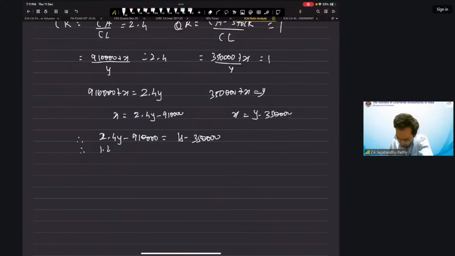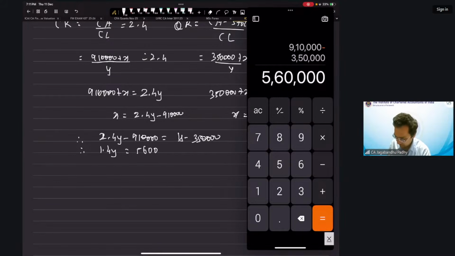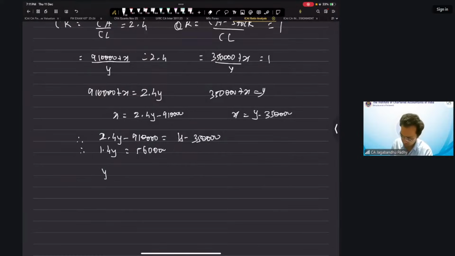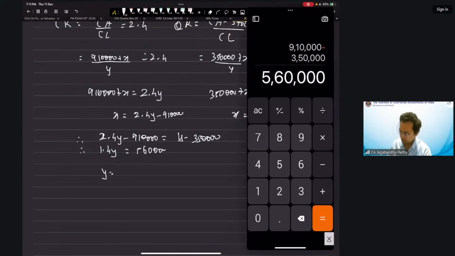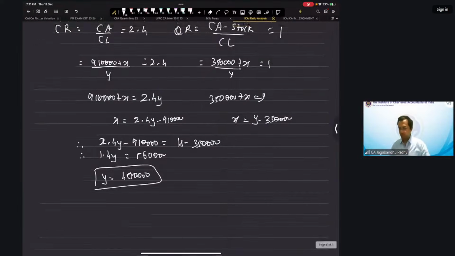Therefore we have 1.4Y is equal to 9,10,000 minus 3,50,000, which is 5,60,000. So we get the Y value as 5,60,000 divided by 1.4, which is 4 lakh. So Y is 4 lakh.